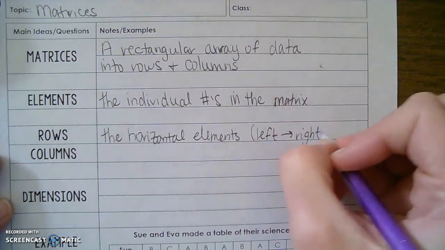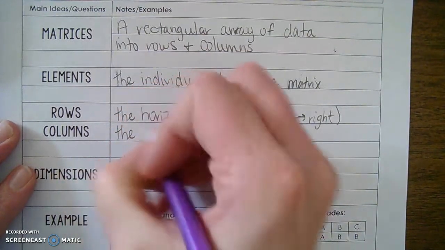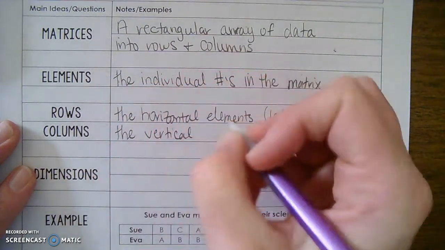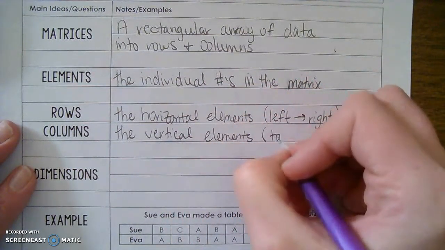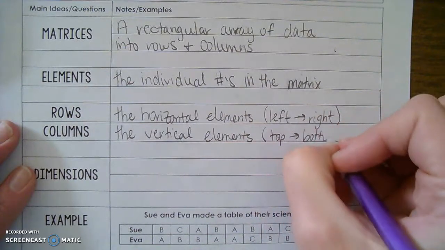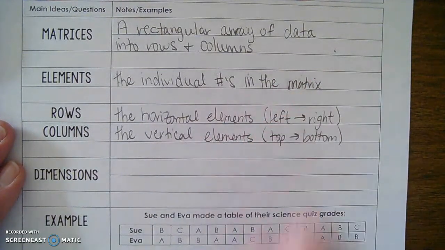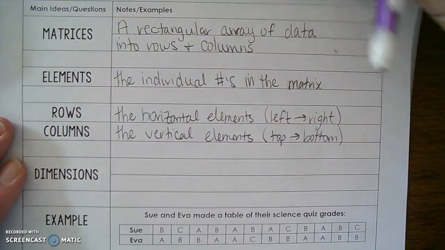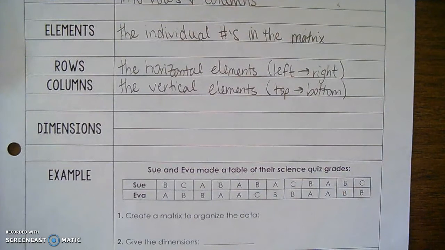So going across left to right. The columns then are the vertical elements. Top to bottom. So rows go across, columns go up and down. Just think of it, rows is like in a movie theater, your seats are in rows, so those go across. Columns are like the columns of the White House going up and down.